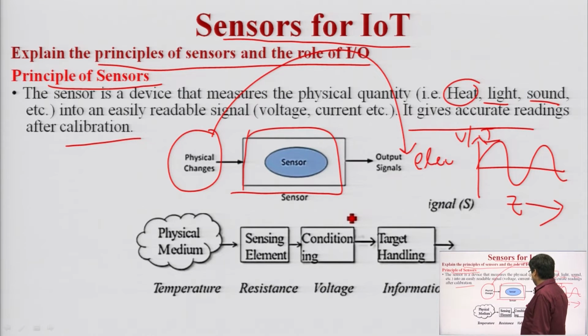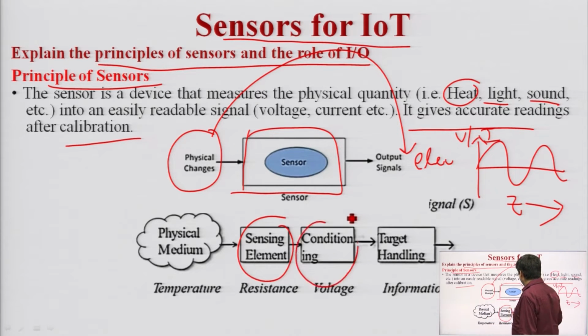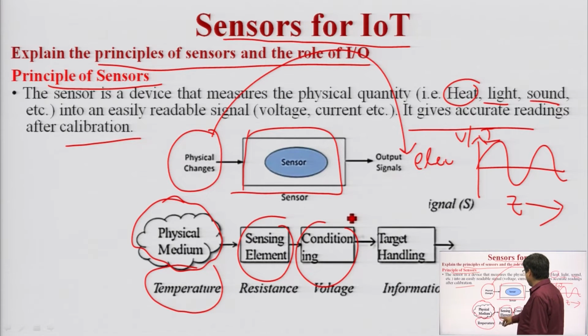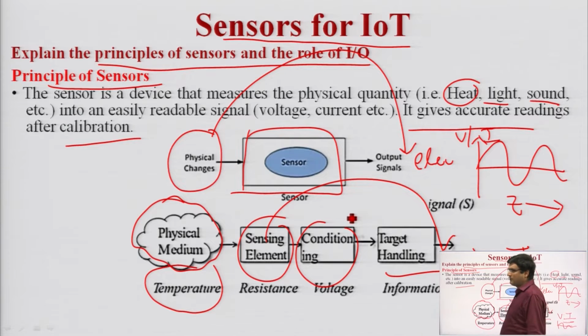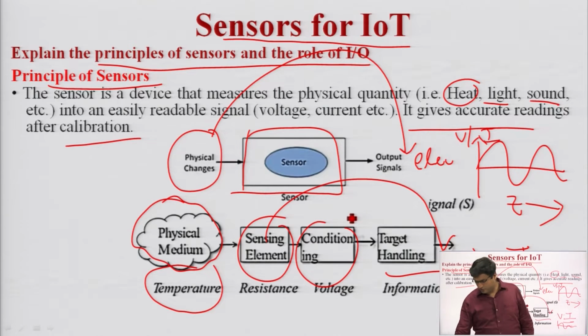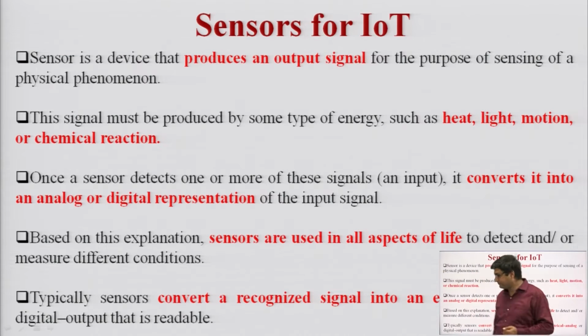Here you can see more explanation of the sensor. A sensor has a sensing element and conditioning. It converts physical parameters from the environment, for example temperature, into information, the output signal in the form of electrical voltage or current.